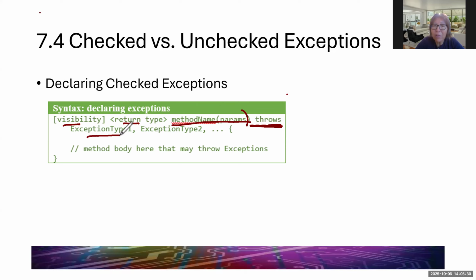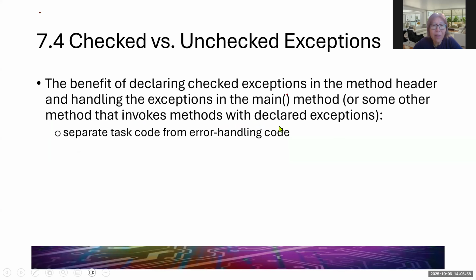And then you can throw not just a single checked exception, you can throw multiple checked exceptions, and also you can throw unchecked exceptions. Then the method body, where it may throw some exception. So this is the throws exceptions syntax.